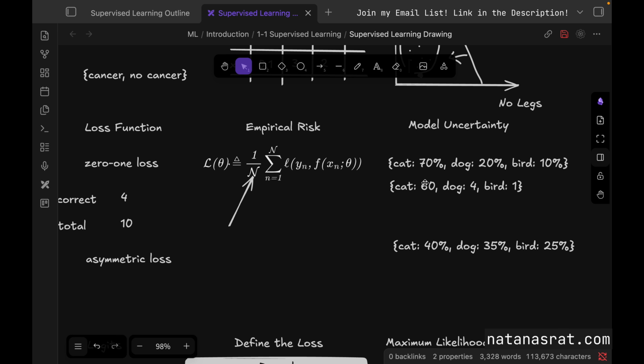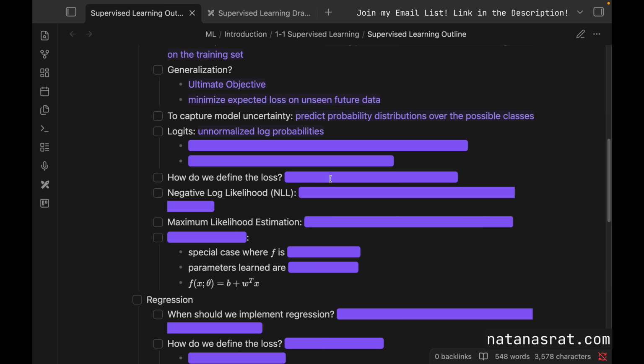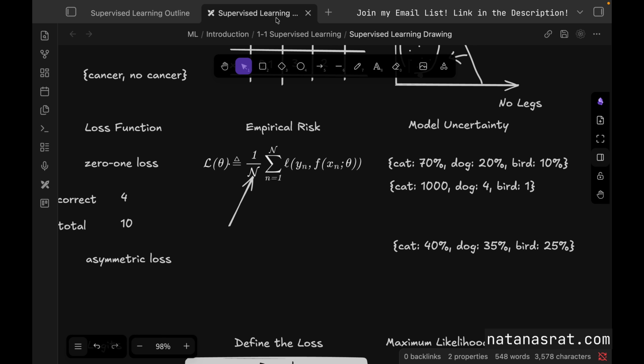The model will output anything from negative infinity to positive infinity. The more confident it is in one of the classes, the value is going to be higher. This could be any number like 1,000. We are not restricting the model to outputs from 0 to 1, and instead we are outputting the logits.